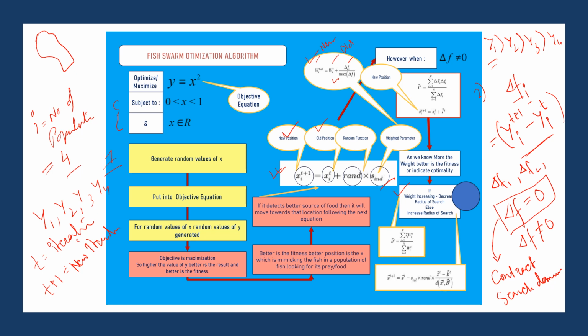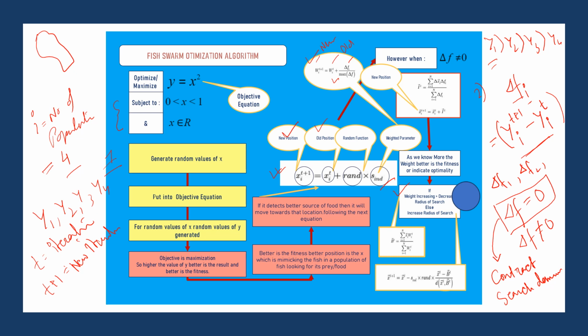Okay, so what we do is, when weight is increasing, that means we have already got the optimal solution. So now we want to select only the specific values of x for which the value of y will be maximum, not any other non-dominant value of x.